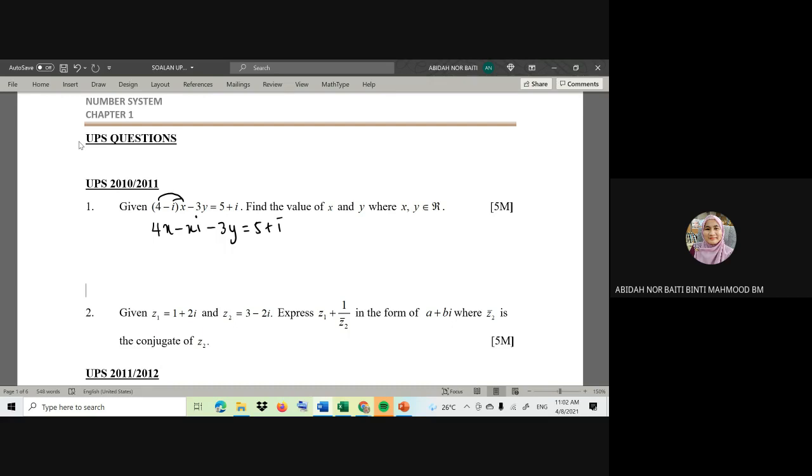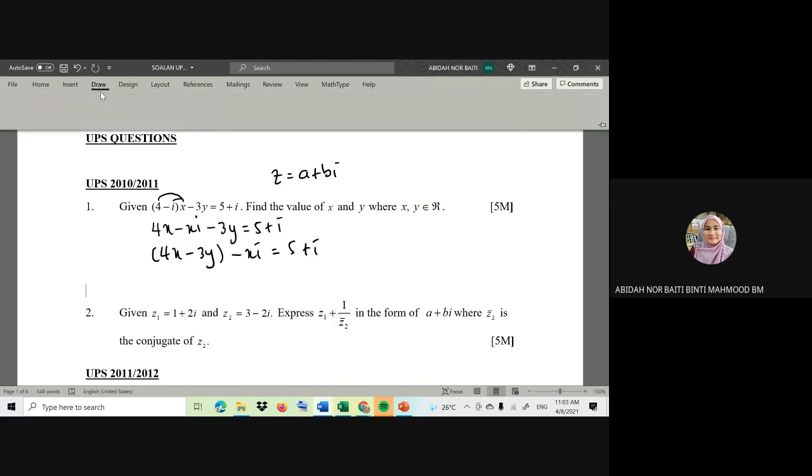And then we rearrange in the form of complex number, which is z equal a plus bi, real plus imaginary. So your real is 4x minus 3y and your imaginary is negative xi, and then we compare with 5 plus i.